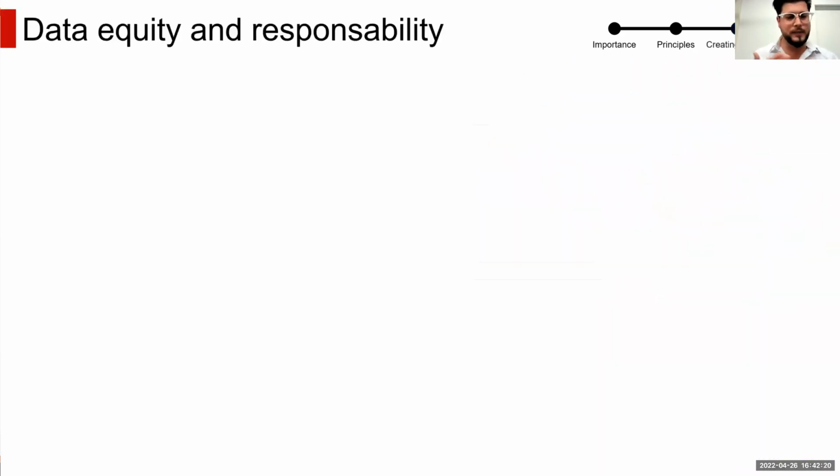And finally, we're diving into the last segment of my workshop, which is related to the effect that our visualizations have on your audience and how to best interact with that. The best way to start this topic, and there's a lot of literature and a lot of discussion around it, is data equity and responsibility.